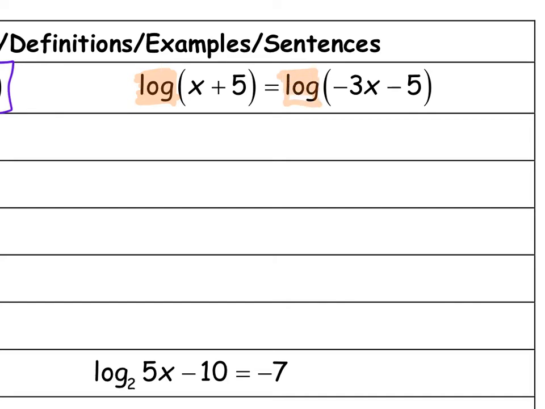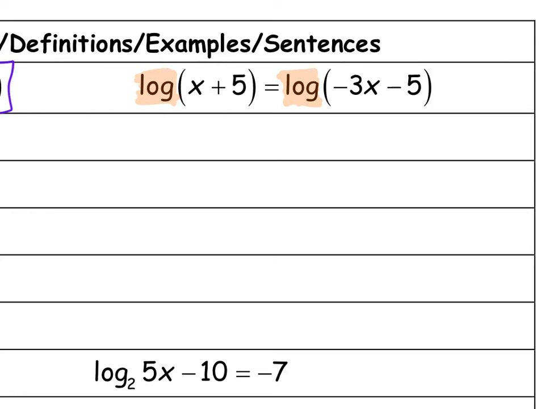And what I mean when I say there's nothing else is there's nothing added or subtracted, so it's not like 5 plus the log of that. There's nothing being multiplied by it. It's not like 5 times the log of this. It's not log of negative 3x minus 5 in parentheses plus something else or minus something else. It's just the logs by themselves.